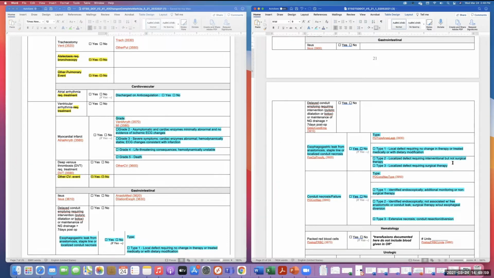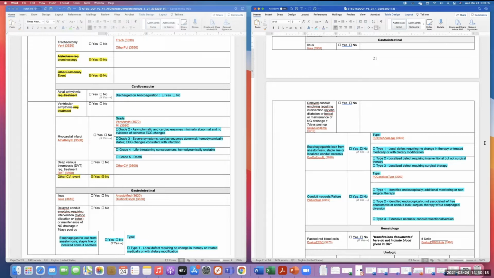Again, we've applied 3 types here. Type 1 is just a little local defect with no change in therapy, treated medically or with dietary modification. Type 2, localized defect requiring intervention, so basically putting in a stent or a pigtail drain.